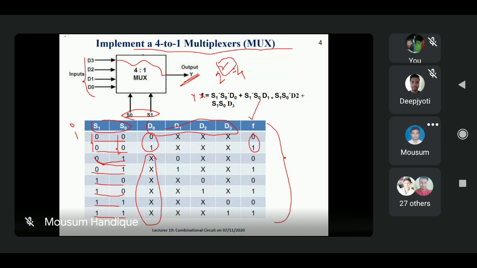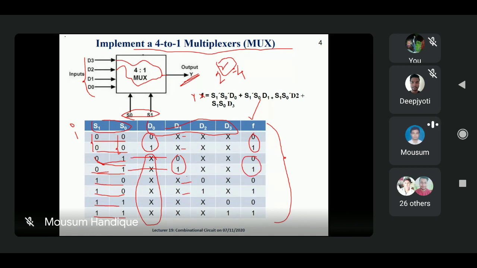When S1 is 0 and S0 is 1, D1 is propagated to Y. For this purpose, 0 1 is active based on this binary sequence, so all other cells we can put as don't care, and this 0 1 is propagated to the output.